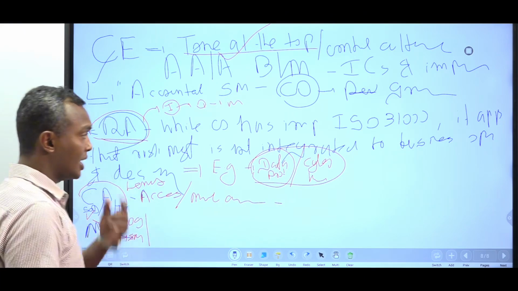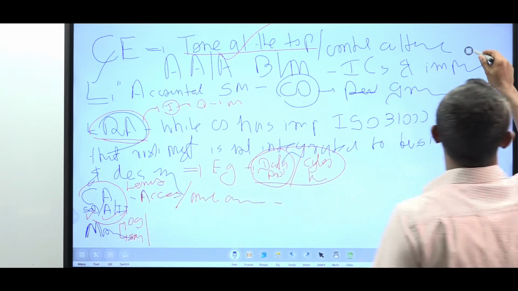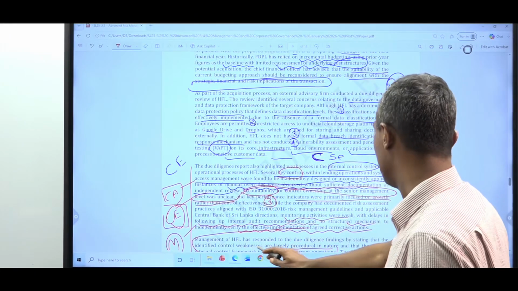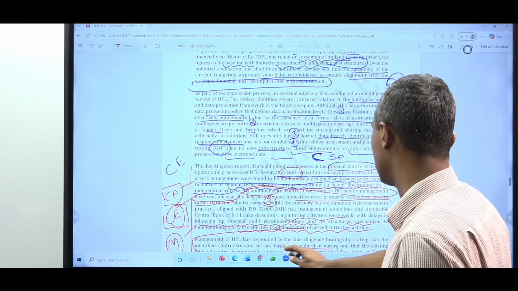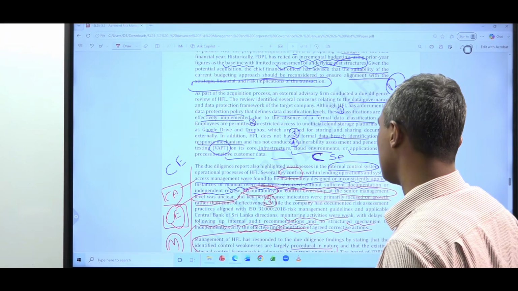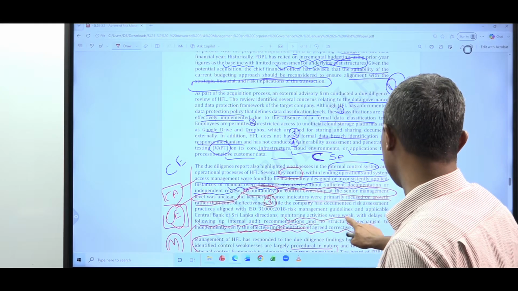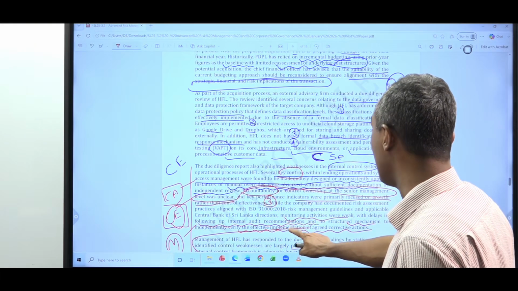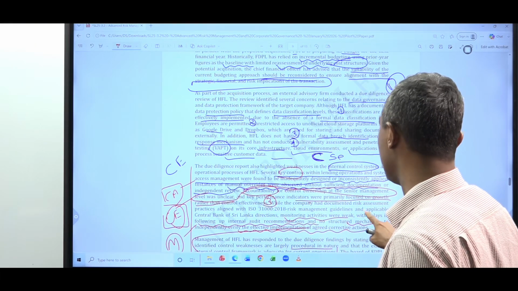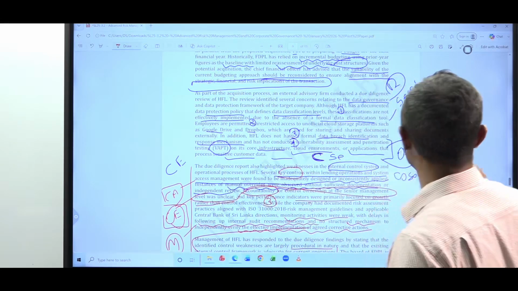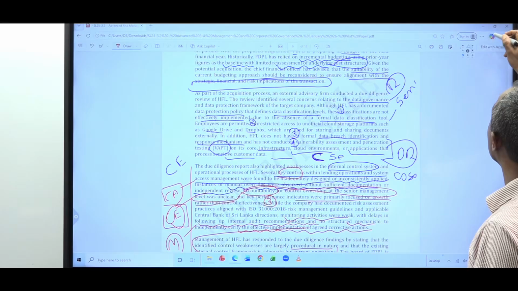So in the case study, when you go to the monitoring piece, I explained to you this information you can easily bring. See, monitoring, management has responded here, this part. Monitoring weak, delays in follow-up of internal audit recommendations, no mechanism to independently verify implementation of the agreed action plan.